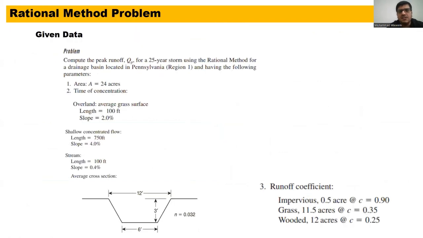Here in the given data, these are runoff coefficients. For impervious, the area is 0.5 acres, and our total area was 24 acres. If you add 0.5, 11.5, and 12 acres, it equals 24 acres. Grass is 11.5 and wooded is 12 acres. Then we have different C values for all these land uses.